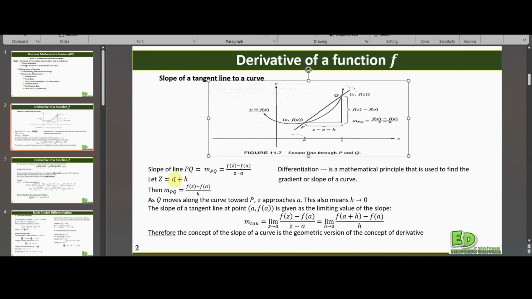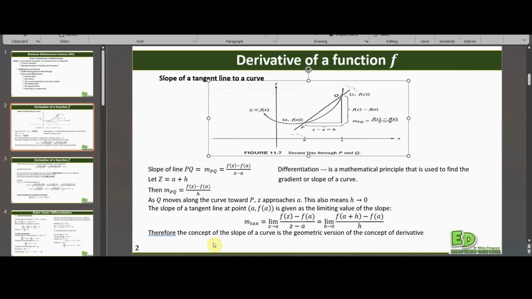A plus h, right? So here in this formula, the z is being replaced, or substituted, with what? A plus h. It's just a basic change of subject, right? Minus f of a all over h, right?